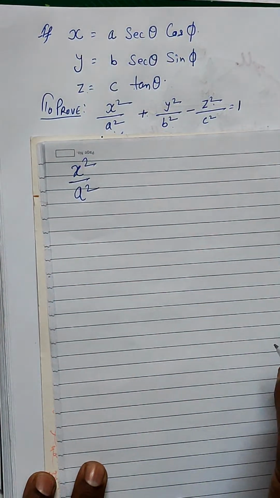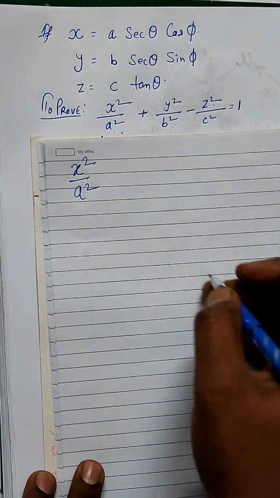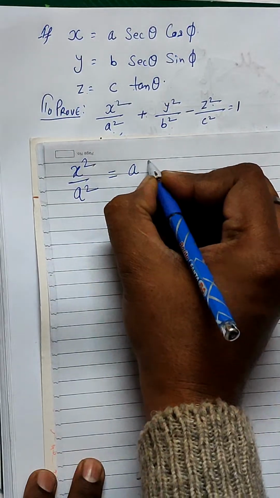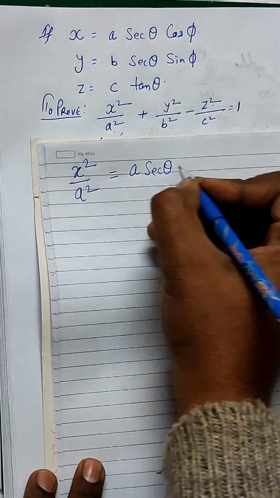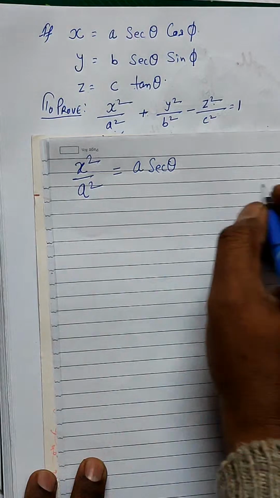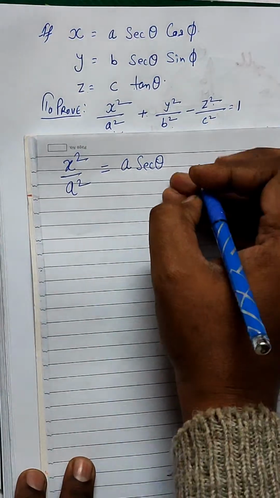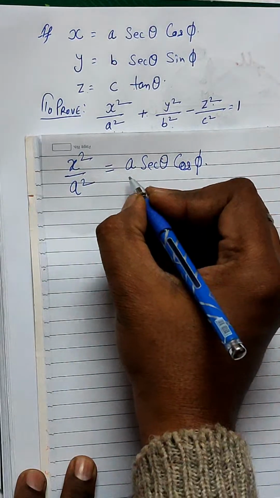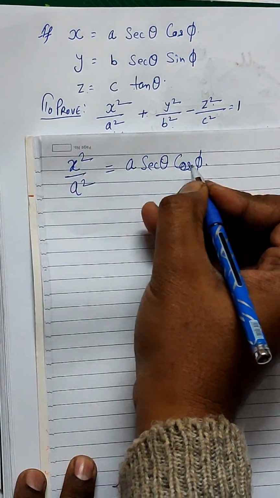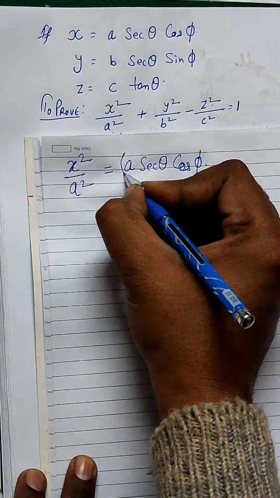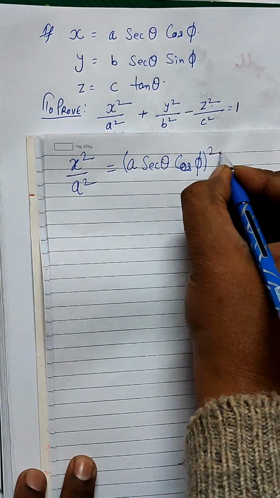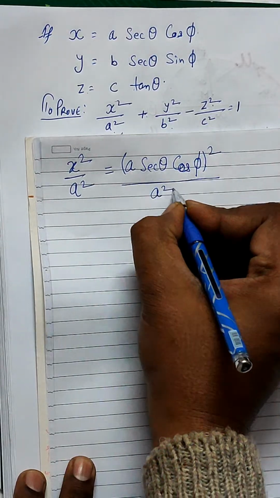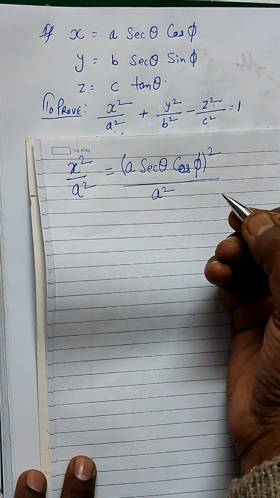What is the value of x square by a square? Since x is a sec theta cos phi, x square will be a sec theta cos phi whole square. This will be divided by a square, which is already present in the denominator.